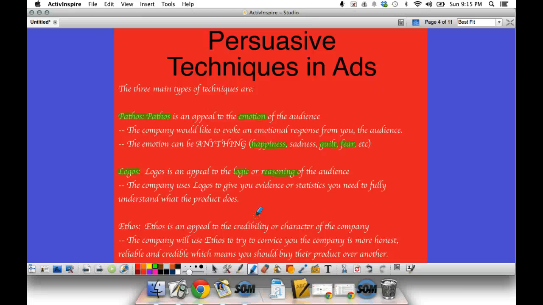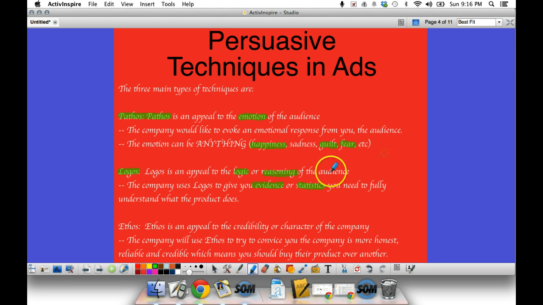A brilliant example is those Dove commercials, where they have the Dove soap versus the regular soap, and it does more to your skin. Paper towel commercials are a great example as well: the one that picks up twice as much as the other one, and they actually show you. That is what logos is. It's reasoning, logic, evidence, or statistics.